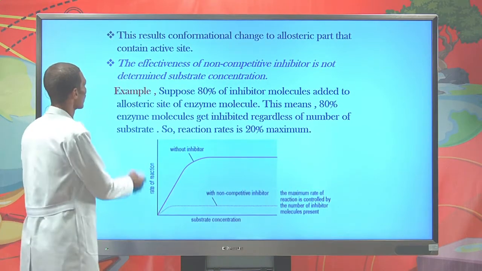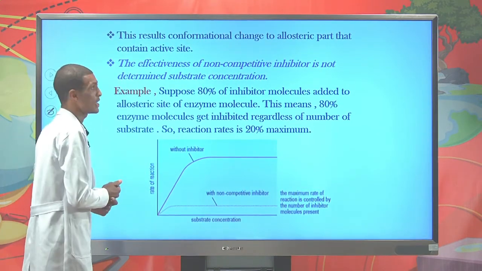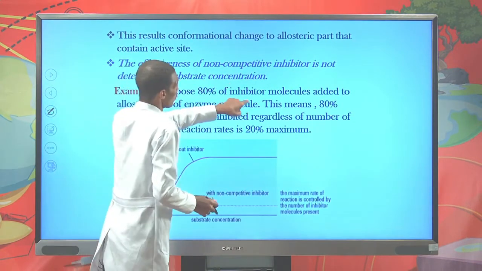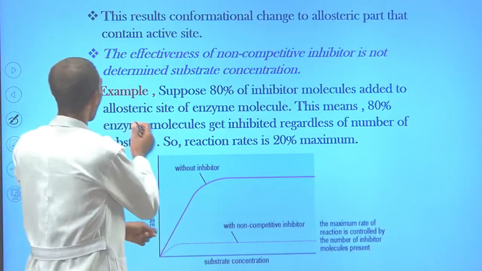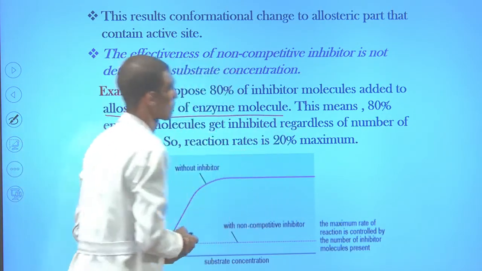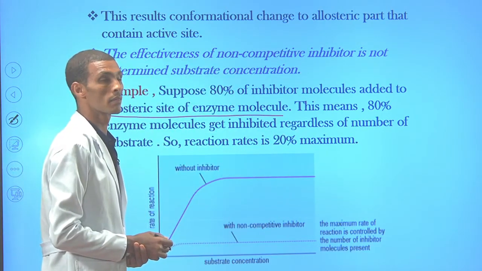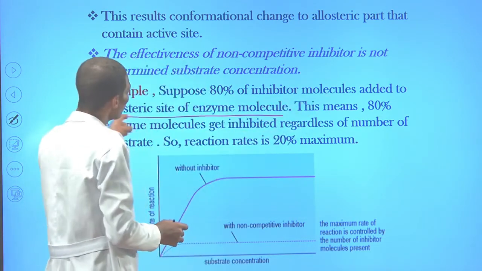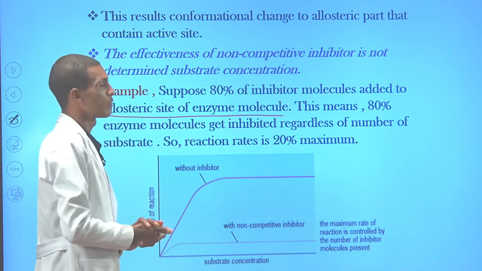So here, let's have another example. Suppose 18% of inhibitor molecules are added to the allosteric site of an enzyme. 18 inhibitor molecules are added to the allosteric site of an enzyme molecule.